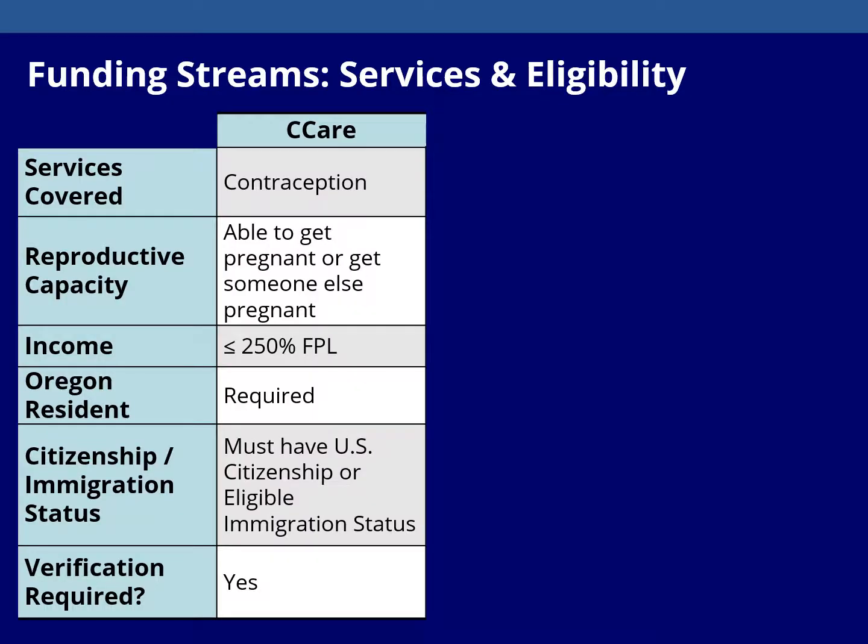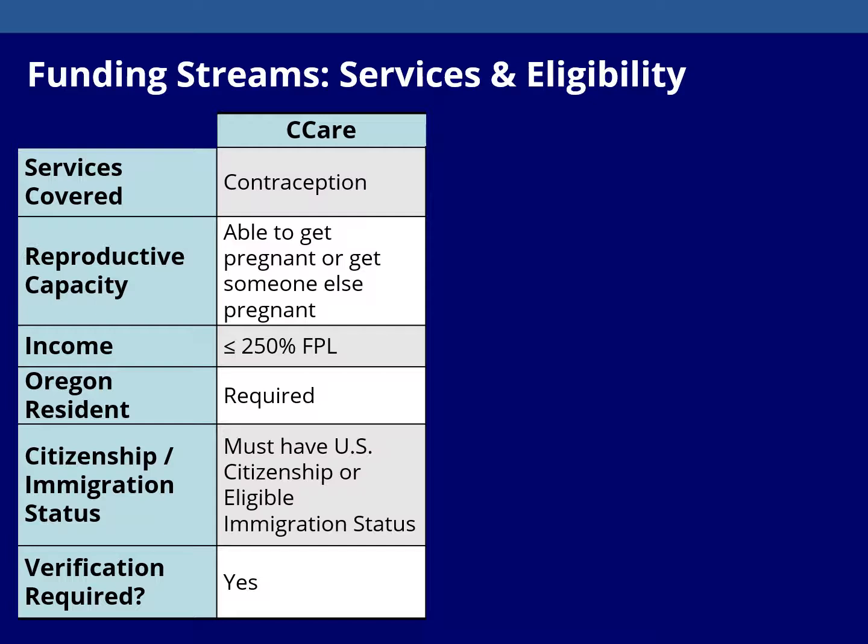As you'll remember from the orientation, we get funding from 3 different sources: C-Care, REA, and Reproductive Health State General Funds. Each cover slightly different services and have different eligibility requirements. C-Care covers services related to contraception because its purpose is to prevent unintended pregnancies.